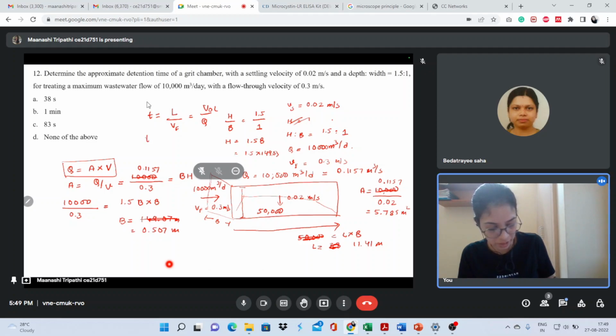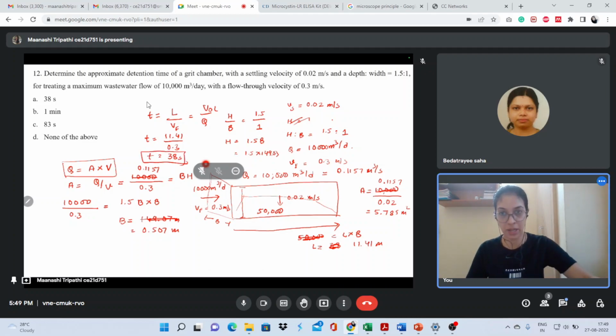So, what will be the time? 11.41 meter upon flow-through velocity, because the particle is moving from here to here. Flow-through velocity is 0.3 meter per second. 11.41 divided by 0.3 is 38 seconds, which matches the first one.